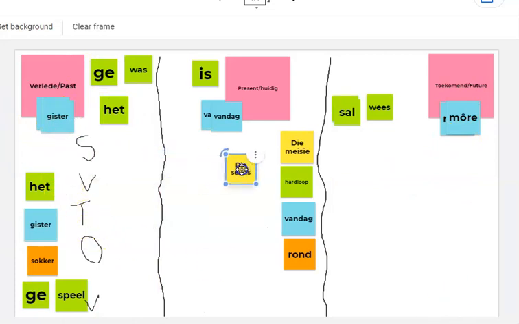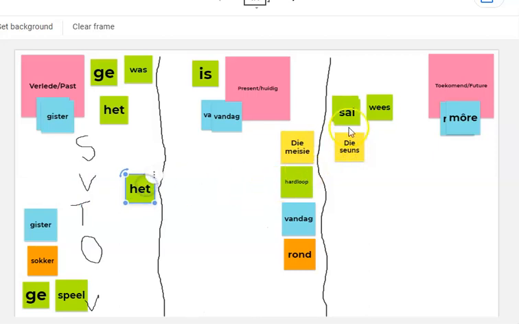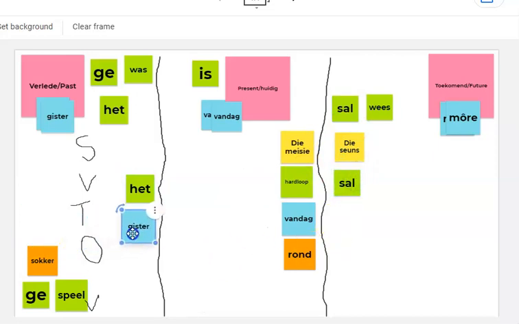Die seuns run over to the future. They're very happy. Het wants to go but can't. So het needs to stay behind, but in het's place comes sal. Gister can't go through. Remember, he's bound to be always in the past, but môre is there.